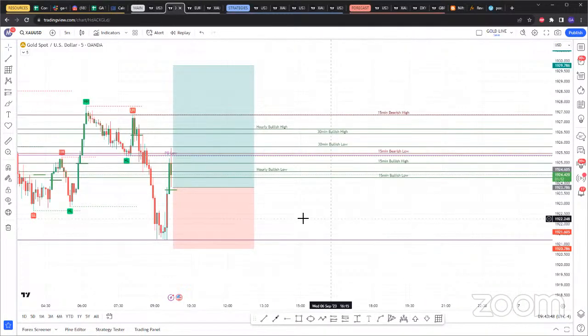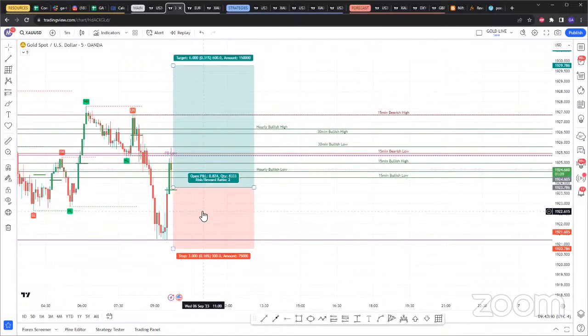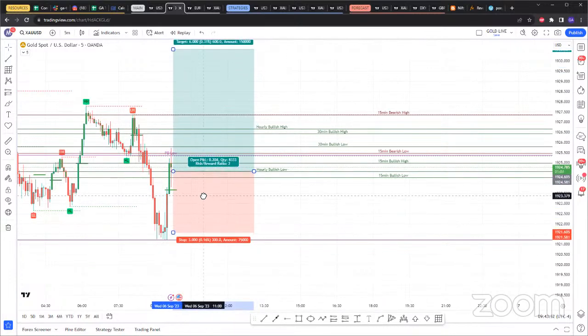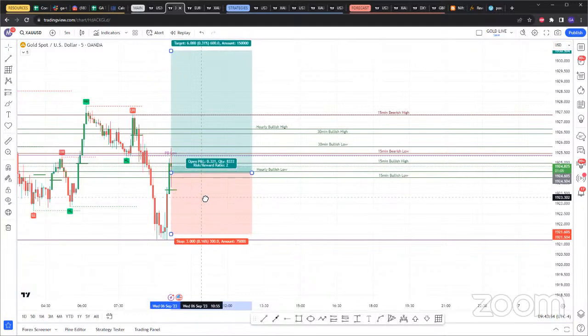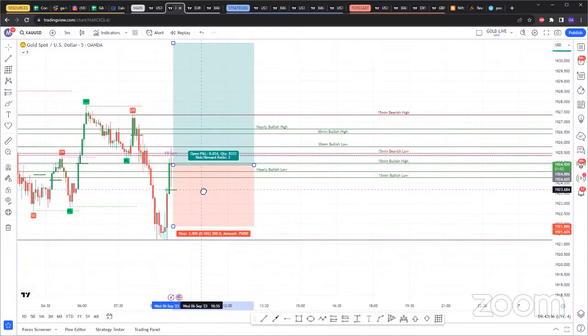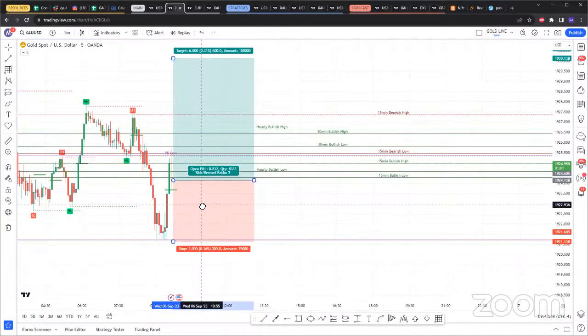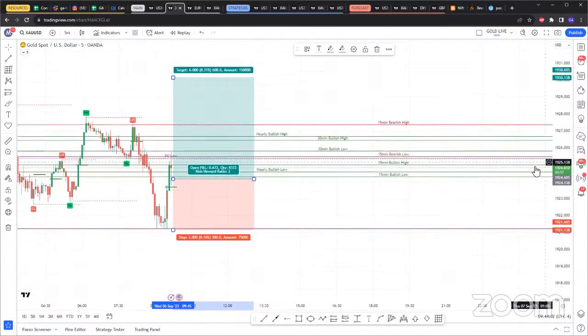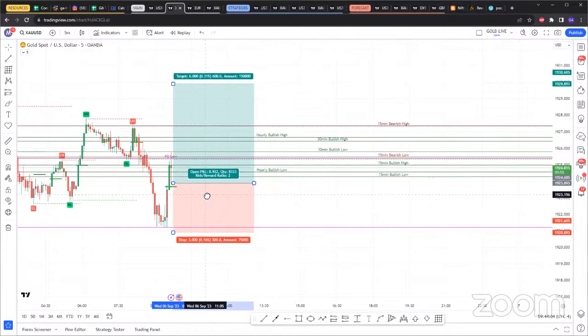So I want to see how this 5-minute candle will close. If this 5-minute candle closes above here, I will be taking a buy on gold, but I don't want it to be so far up. So hopefully wait for it to come back around this zone.